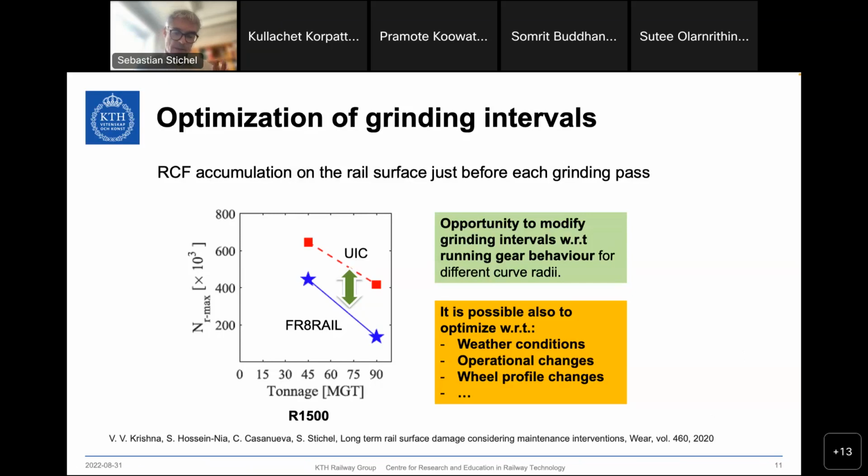If you know you have had a period with very dry weather, very high friction coefficients, you could redo the calculations and see how much earlier you probably have to grind because of that, or if you do any operational changes or change the wheel profile, you can calculate again and estimate after how much time, how many megagross tons, you need to grind the rails.